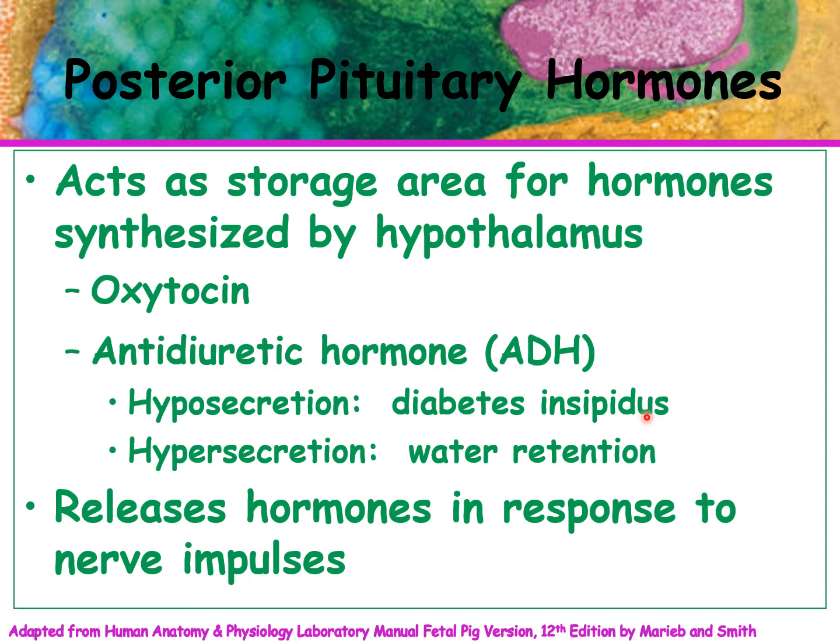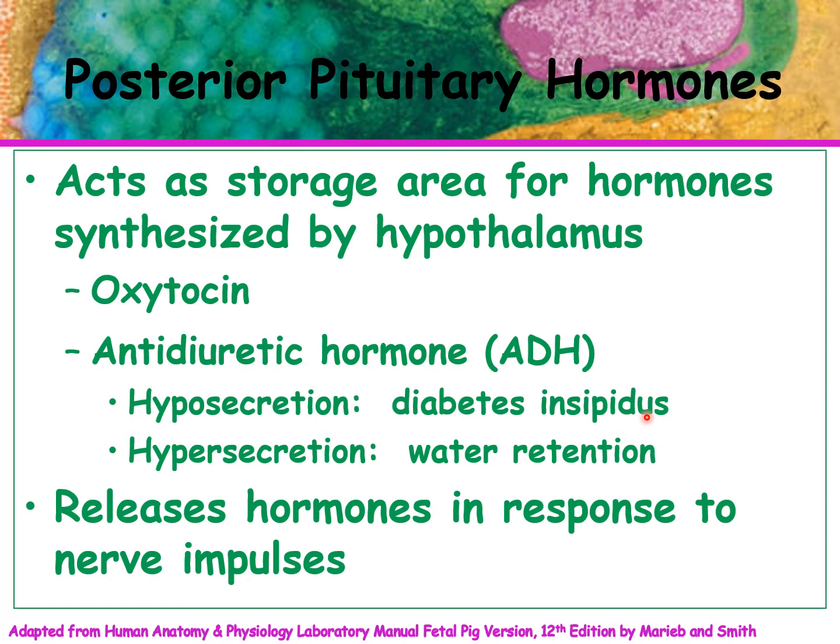If we have oversecretion or hypersecretion of antidiuretic hormone, it results in a disease condition called syndrome of inappropriate ADH, or SIADH. In this condition, the patient unintentionally retains excess water, and that is due to the excess stimulation of kidney tubules by the excess antidiuretic hormone.